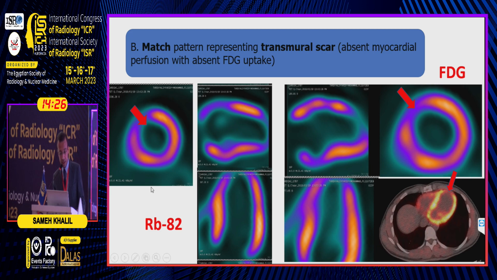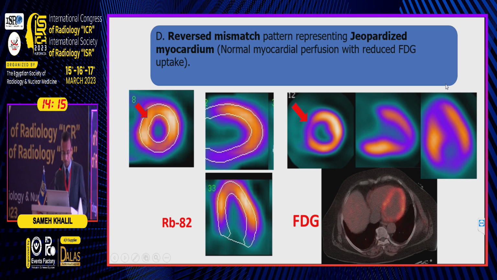Or matched defect, where we have rubidium stress and rest perfusion defects and a corresponding defect in the FDG study. Or the jeopardized myocardium, which means myocardium at risk: we have myocardium with stress perfusion defect and reversibility during rest with rubidium, but no FDG activity.